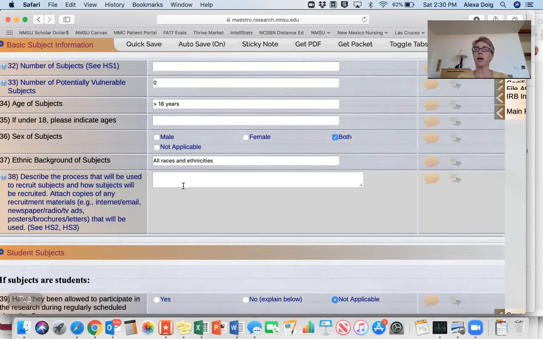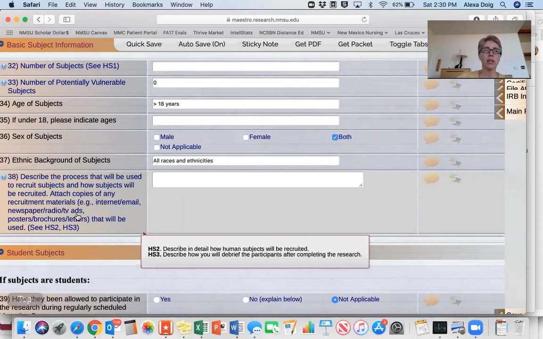We'll give you a 10-question survey before the training, and then a 10-question survey after the training. Again, it's completely voluntary. You do not need to participate in the surveys, but if you're willing to, that would be much appreciated. So they want to know about that. Are you placing ads? Which probably not, but they want to know about letters, posters, brochures, and stuff like that.